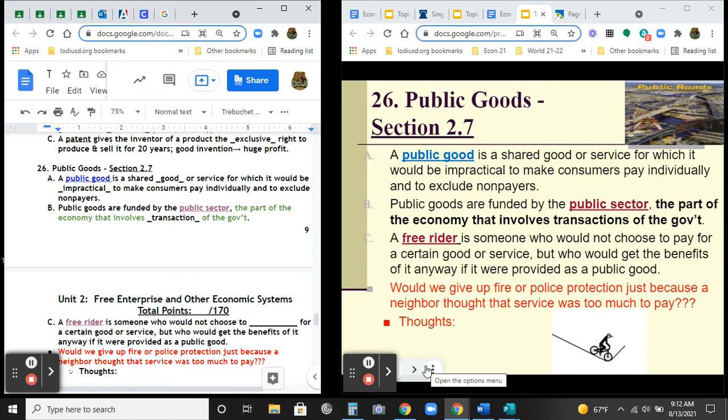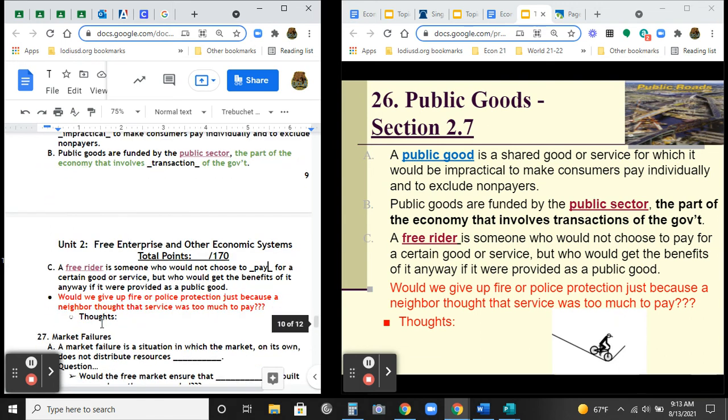A free rider is someone who would choose to not pay for a certain good or service, even though they'd like to benefit from it. Let's say we were told everyone has to pay 10% of their money to pay for emergency services: ambulance, fire, police. If one person can get out of it, they're going to try to get out of it. They would try to get out of paying, but they still want those services.